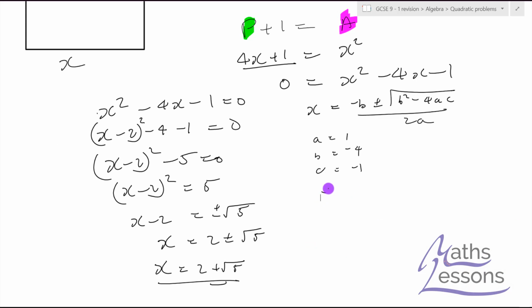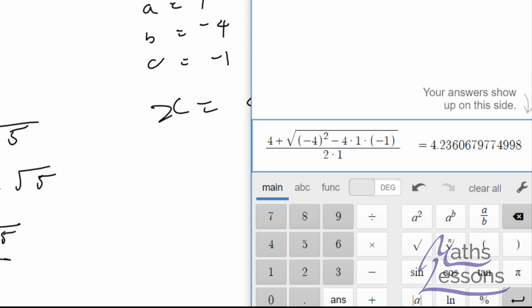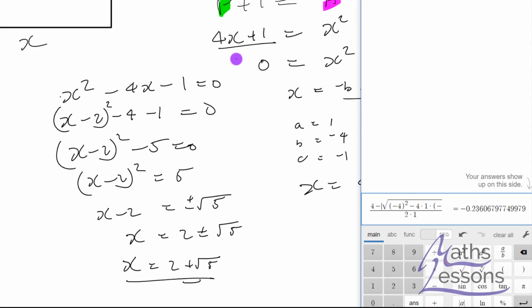So therefore x will equal 4.23, or now if you go back into our Desmos, I can go back in here and change that to a minus. I get minus 0.236.